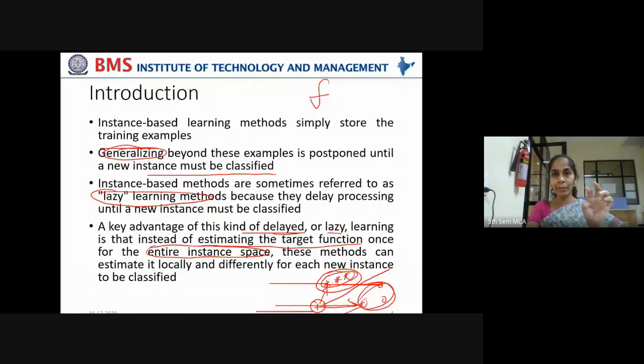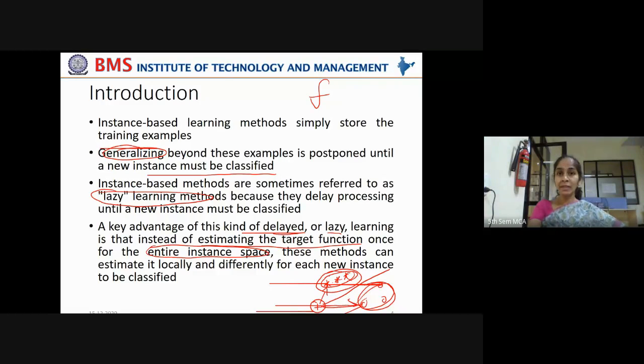That hypothesis will be in accordance with all the training examples given. It will be consistent with all the training examples given, right? The hypothesis which is consistent with the training examples given, we say that is the best hypothesis, right?